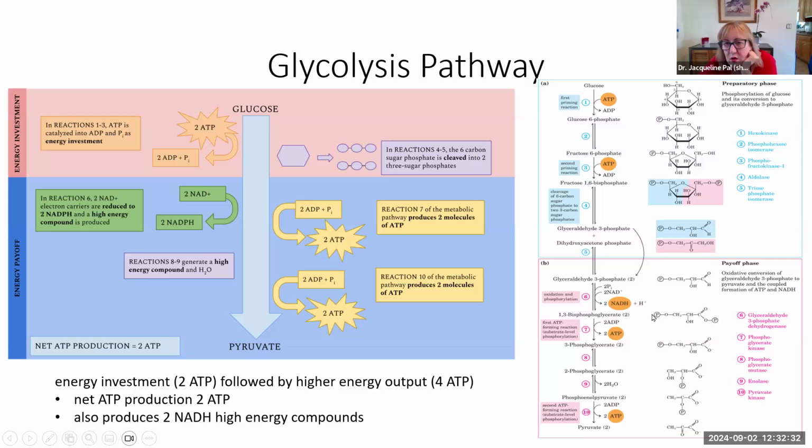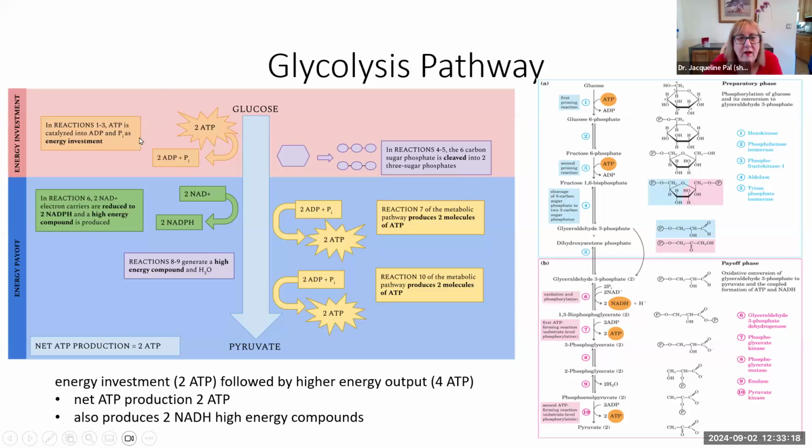So now we are taking that phosphate and adding it to ADP to make ATP. So notice from here, we are losing phosphates. And then we're going to do it again on this molecule where we are going to lose phosphate. So there is where we're making our ATPs in the second half.